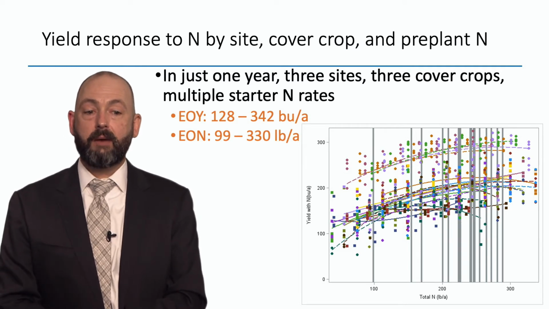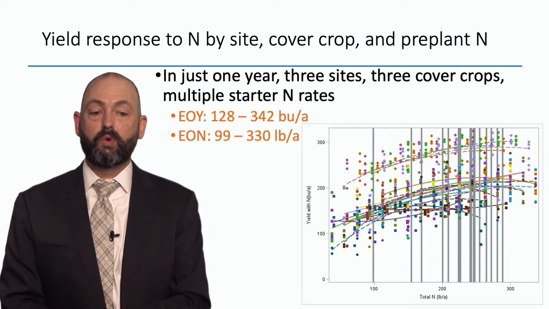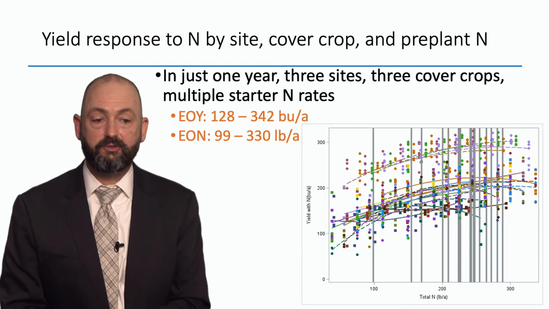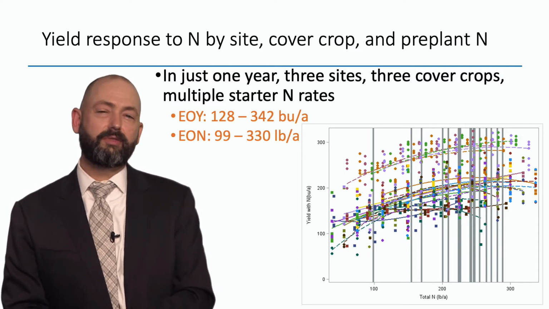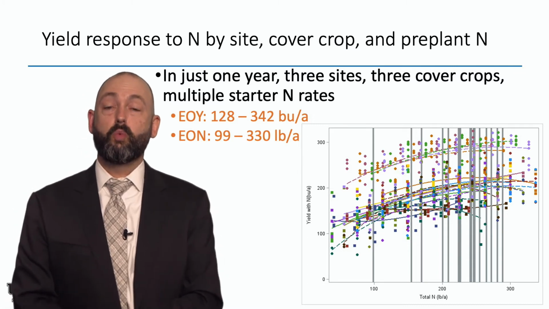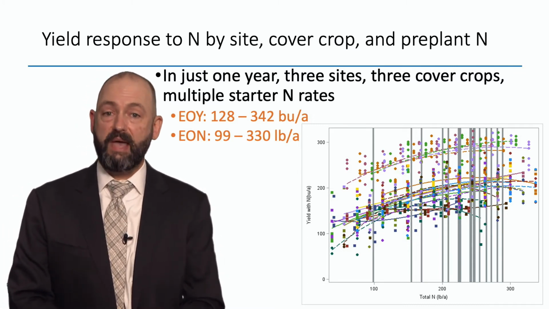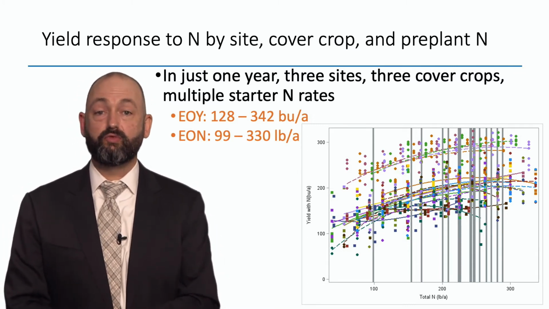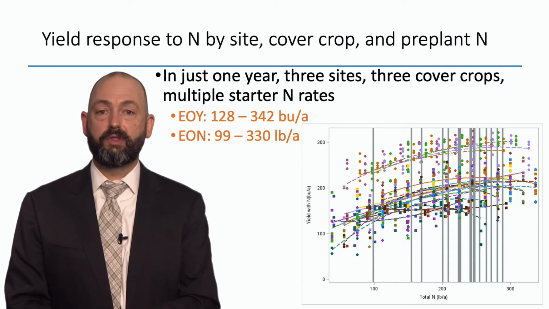My economic optimum nitrogen rate was between 100 and 330 pounds per acre. So I had a 231 pound per acre range in right nitrogen rates when I split out by site management. These things really have a big impact on what the right rate is.